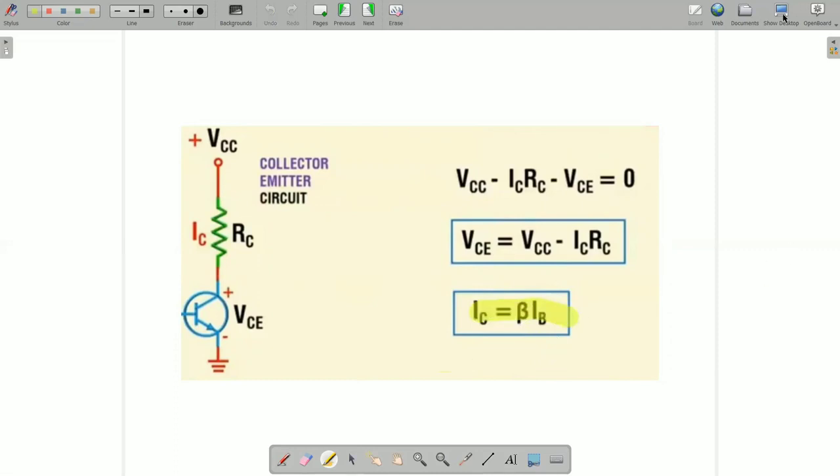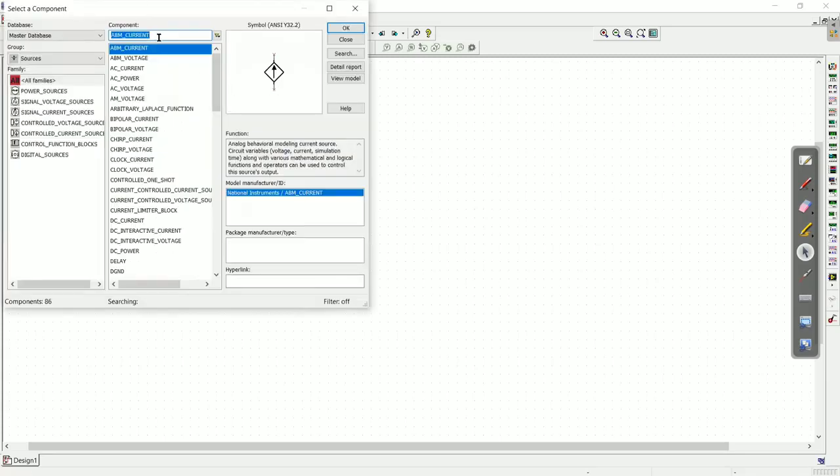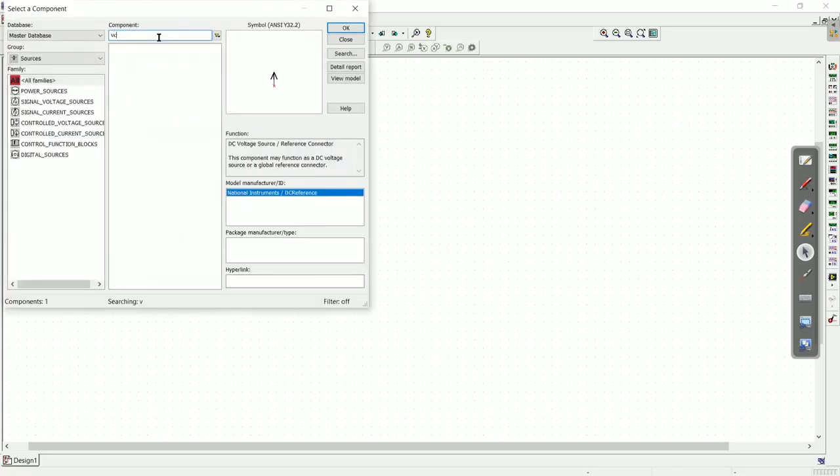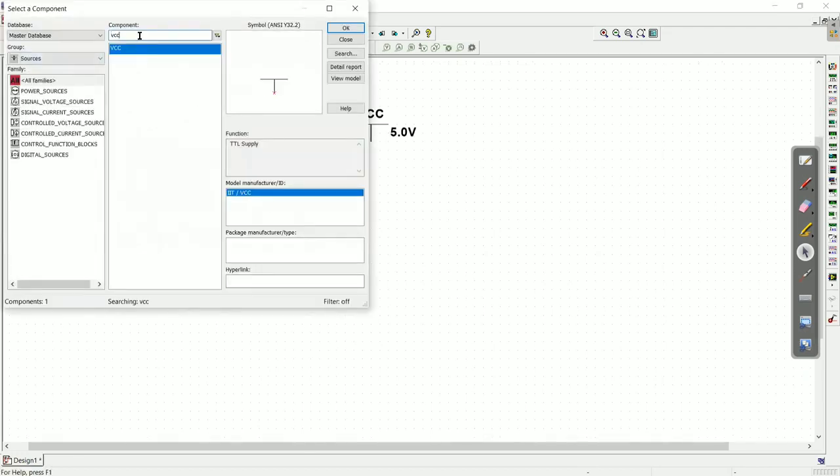Let's now simulate this in Multisim. We can get the components from the left corner. Let's first take the source, the first thing in the left corner. We need VCC, then ground.